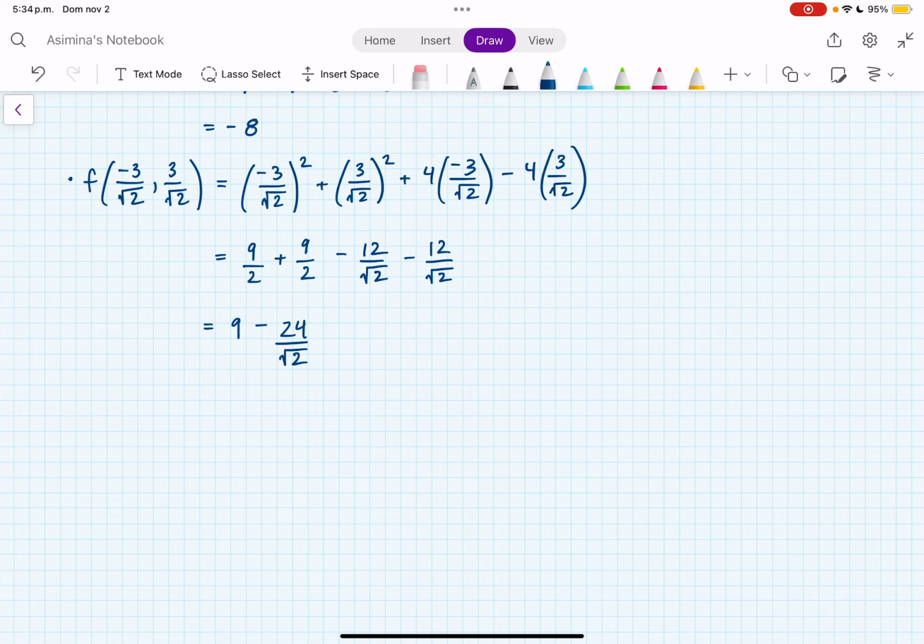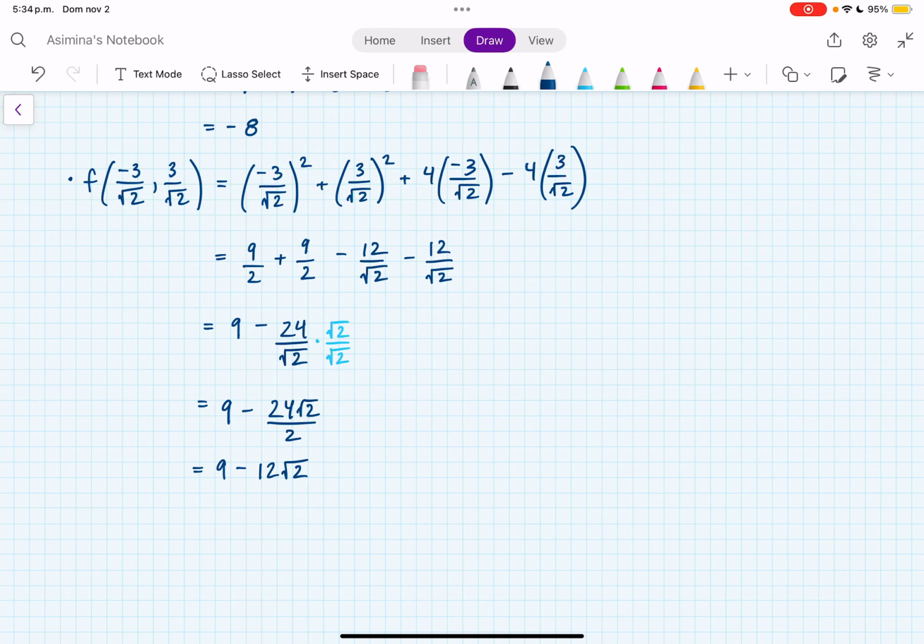Now this looks pretty ugly, so what we can do is multiply this fraction by root 2 over root 2. We get 9 minus 24 root 2 over 2, so this simplifies to 9 minus 12 root 2. And that's a lot nicer.